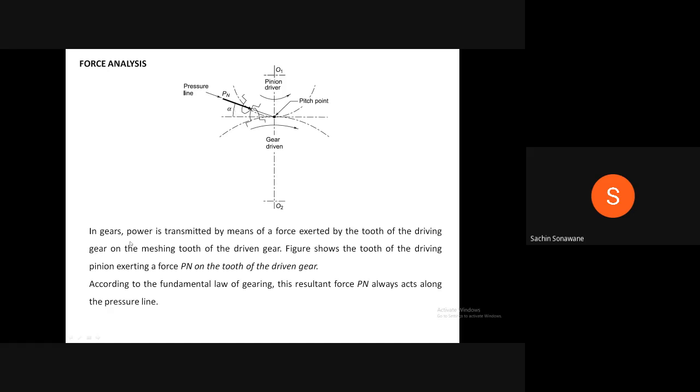In gears, power is transmitted by means of a force exerted by the tooth of the driving gear on the meshing tooth of the driven gear. The figure shows the tooth of the driving pinion exerting a force Pn on the tooth of the driven gear. According to the fundamental law of gearing, this resultant force Pn always acts along the pressure line.